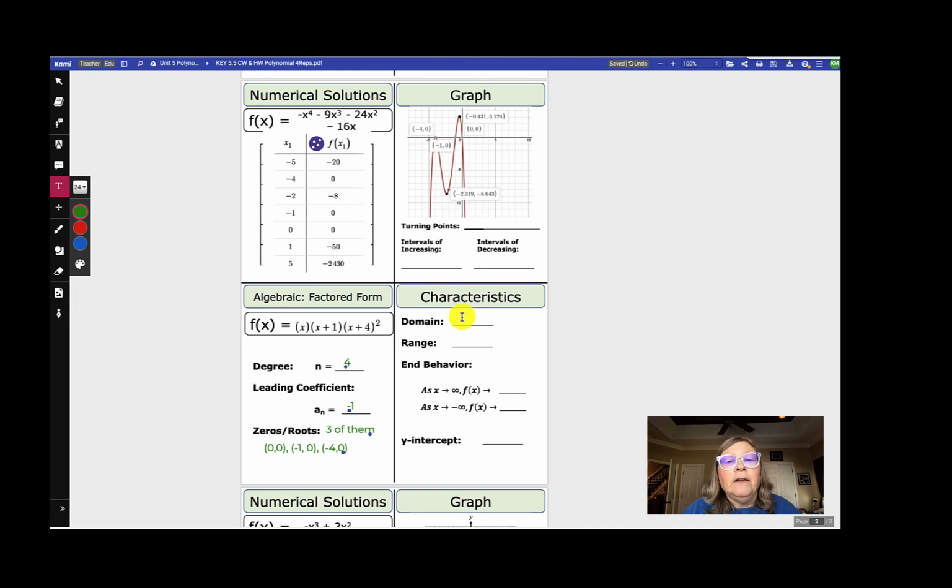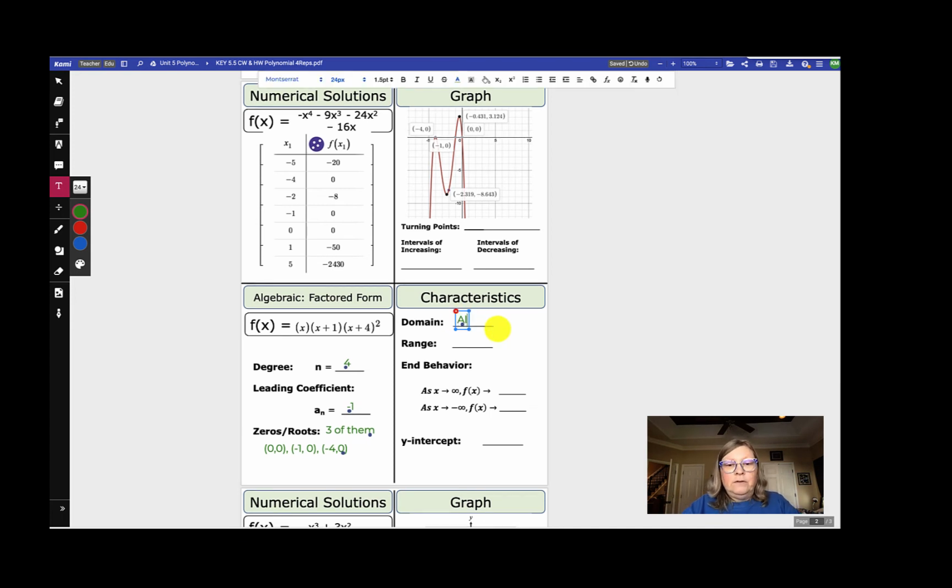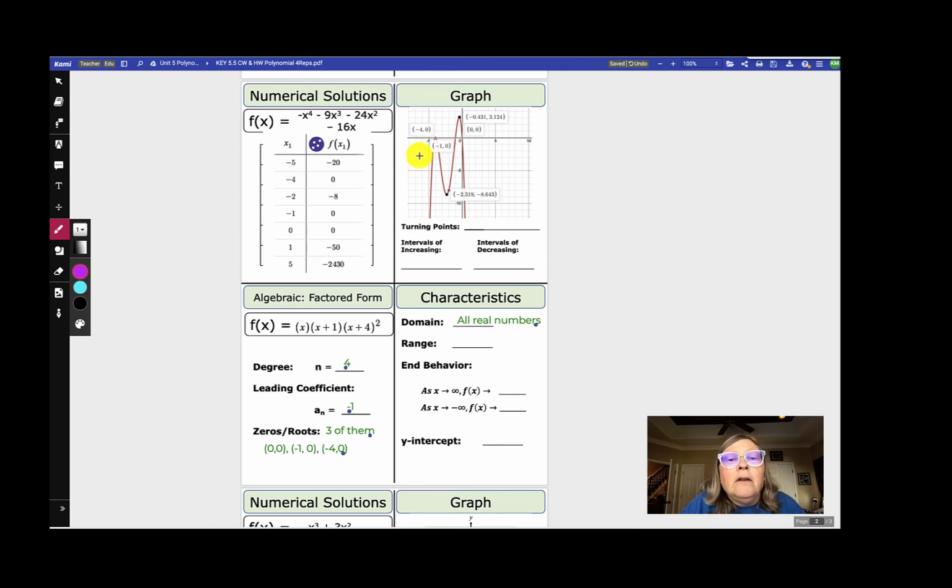Domain is all real numbers, and that's actually true for all polynomials. Range is what are the possible output values. So since this is an even function, and we can actually see it here, there's a bound. Like I only get output values below that boundary.